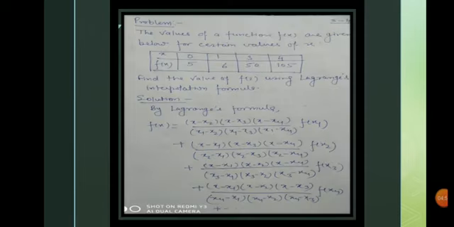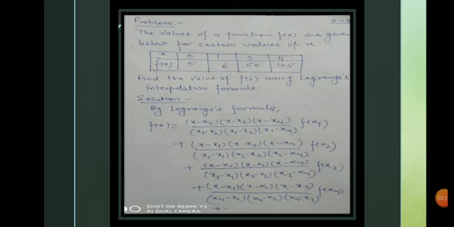So look at here, the problem is you have to find the value of the function f(x) where f(x) values are given below for certain values of x. The value of x is 0, 1, 3, 4.